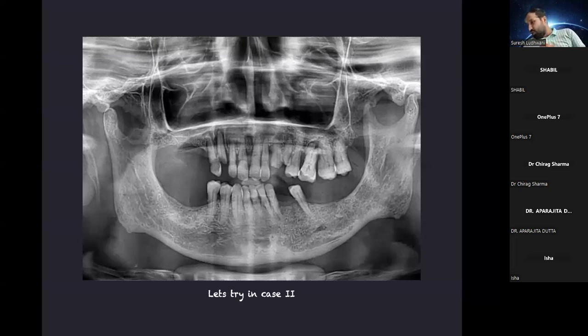Should I wait? Okay, yes. Dr. Isha has sent something. I'm not able to see. Dr. Isha has sent me only the OPG image. I'm not able to see if you have done anything.